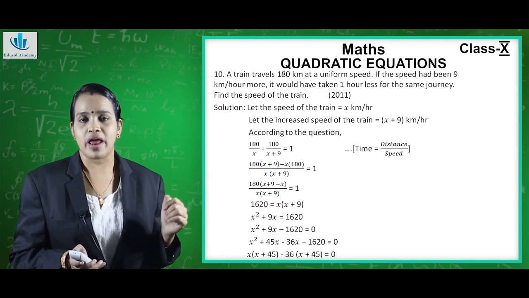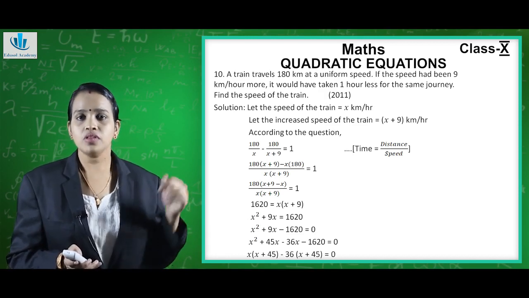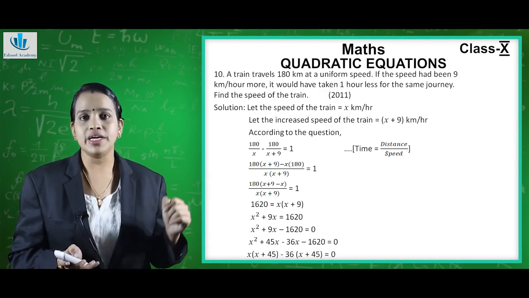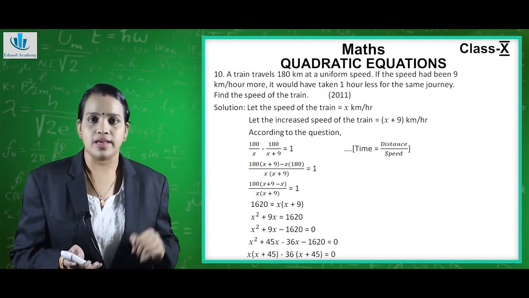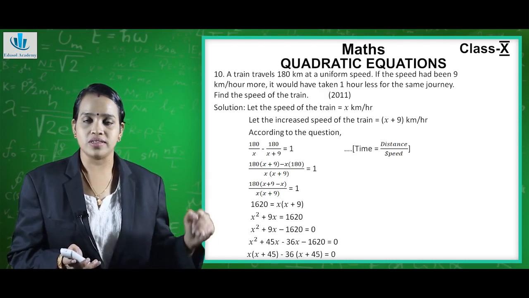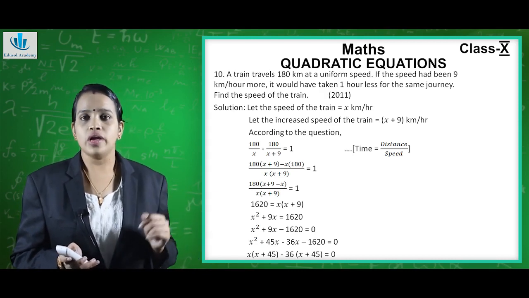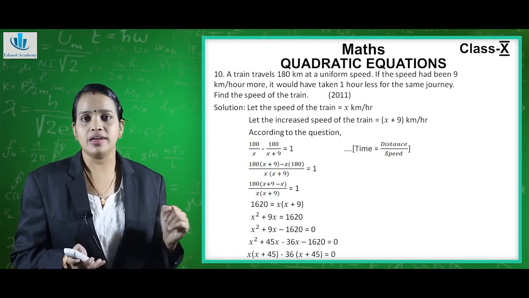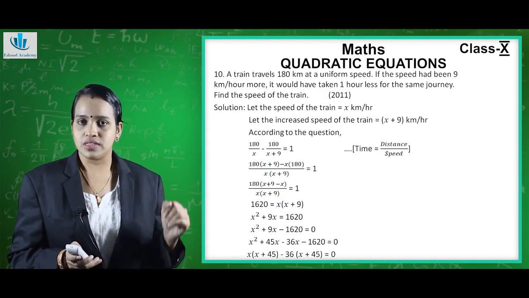Now we can solve this bracket. We are taking 180 as common, so 180 into x plus 9 minus x upon x into x plus 9 equal to 1. So x minus x gives 0, and 180 into 9 is 1620.